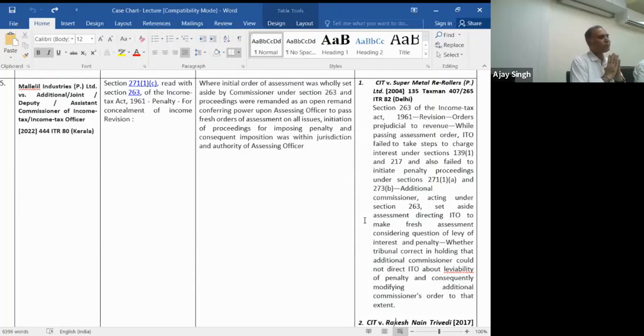Once the power is vested with the particular authority, he should exercise the power in the manner provided under the law. And once the original assessment is completed, the power to express the satisfaction for initiating the penalty proceeding is upon the assessing officer, which he will exercise.